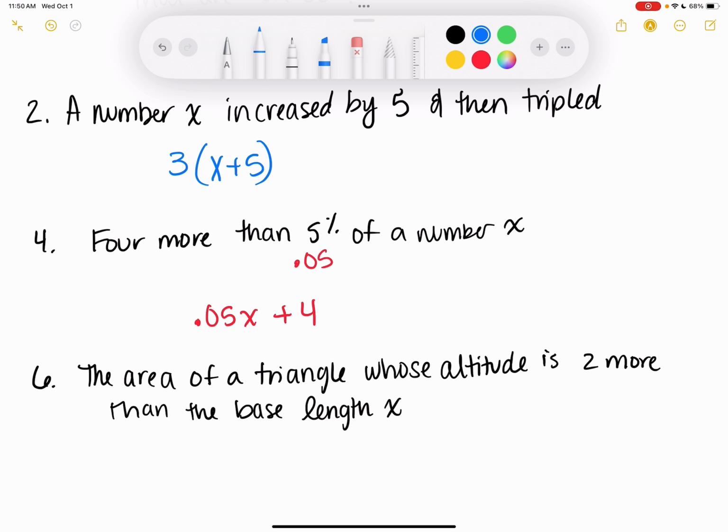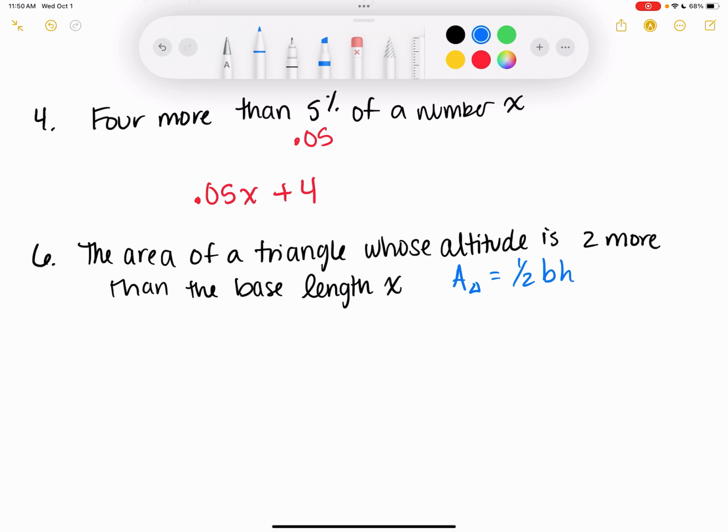So what's the formula for area of a triangle, first of all? 1/2 base times height. Okay, so based on what they tell us, any ideas? Well, they said base length x.